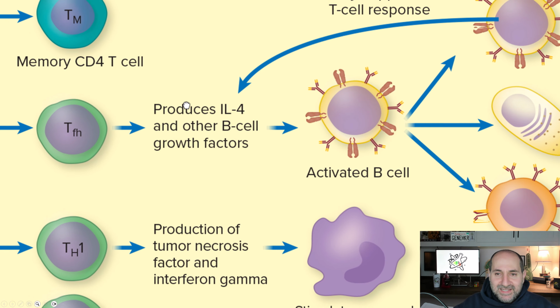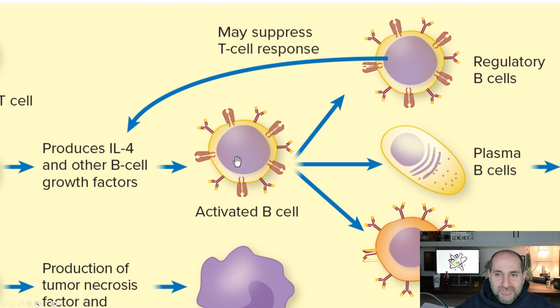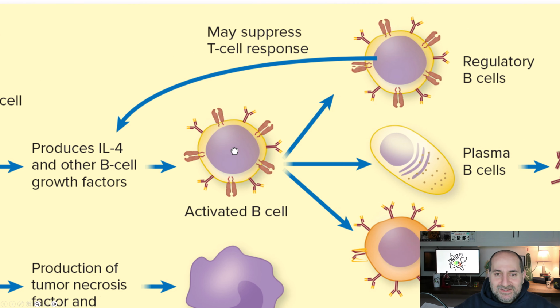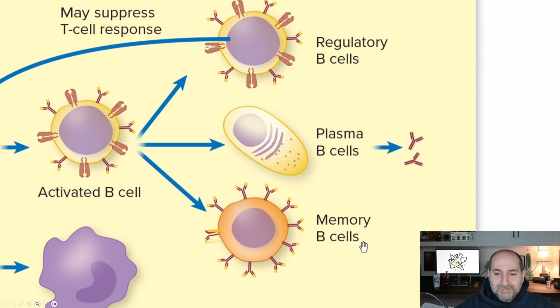They go and they help B cells become fully activated. Remember, and then fully activated B cells, they form memory B cells and plasma cells to fight the infection now and for later on, right? These memory cells remember that infection for next exposure. The B cells, the plasma cells that formed, they produce antibodies to fight the infection now.